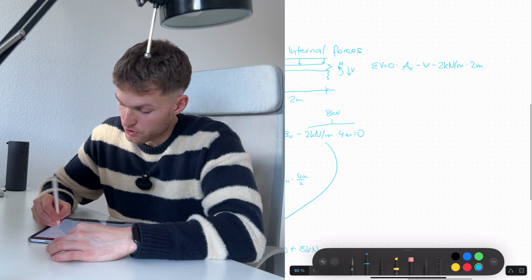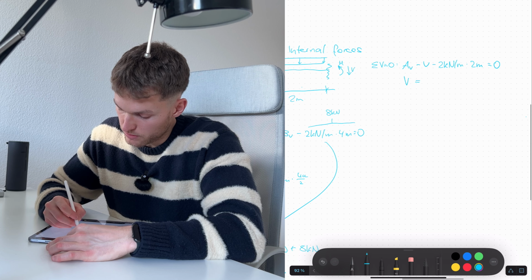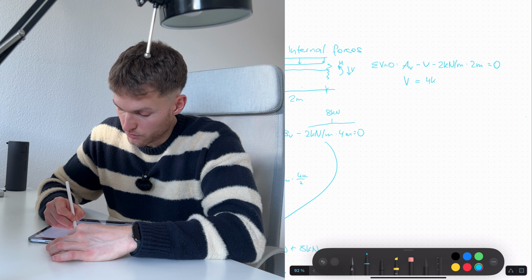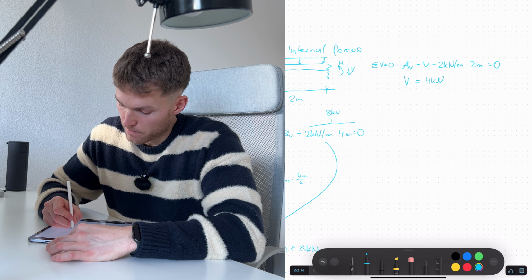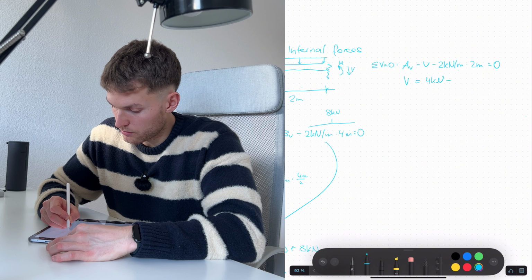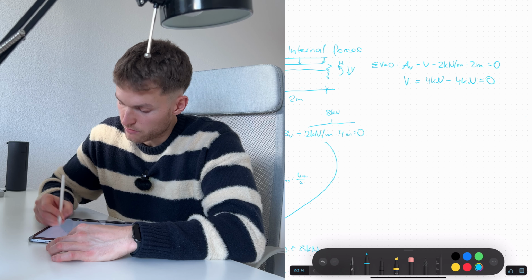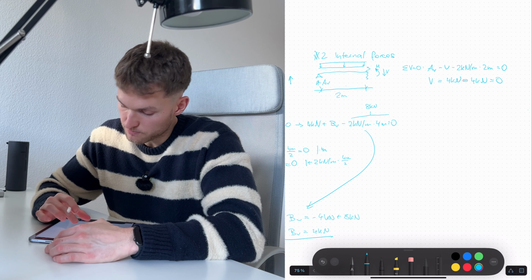And then we can solve the shear force. This equals 0, so we solve it for V. And then we have V equals 4 kilonewton minus 2 kilonewton per meter times 2 meters, also 4 kilonewton. So V is at this location 0.